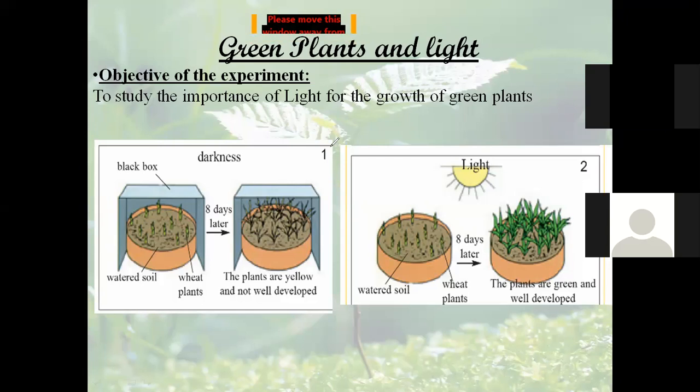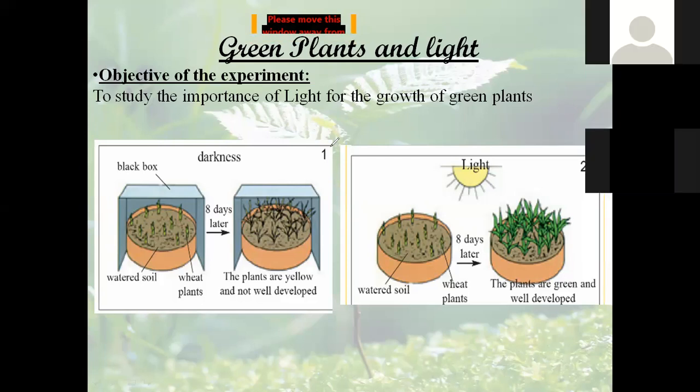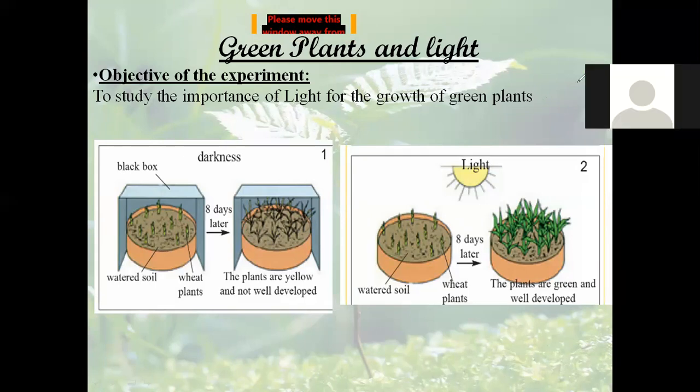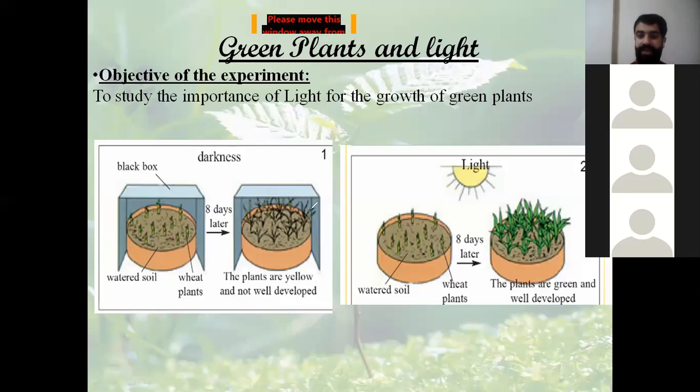Did you understand my question? Compare the aspect. What is the meaning of comparing the aspect? The appearance of the plants. So in plant 1, without sunlight, the plants were yellow and not well developed. You have to mention this. And in plant 2, the plants are green and well developed with sunlight. Okay, very good. Thank you, Yaqub.